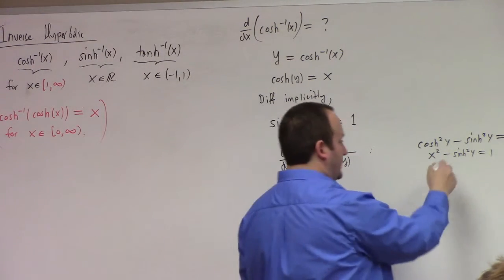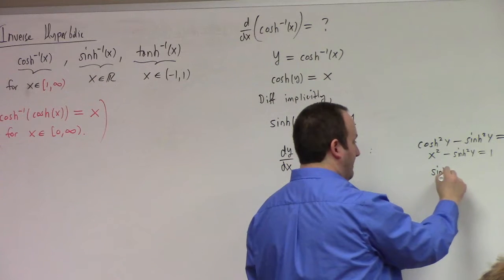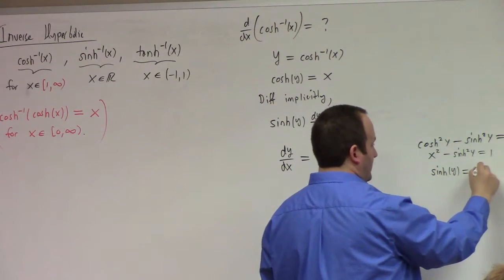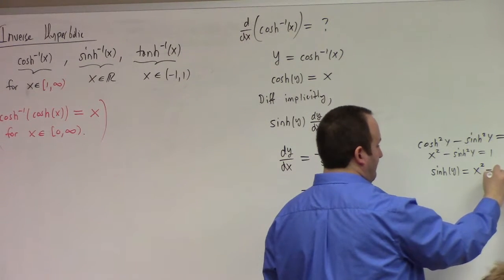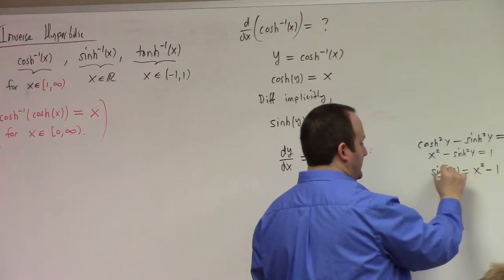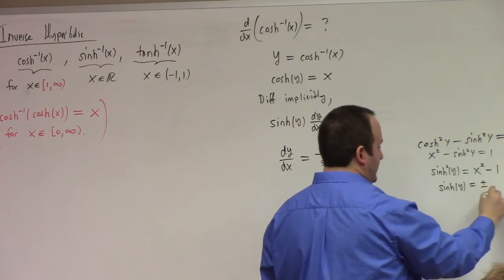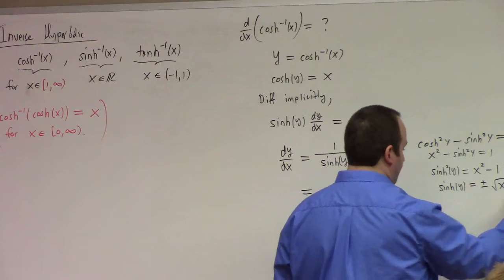Let's solve this for sinh. What do we get? Yeah, x squared minus 1. Well, that's sinh squared, and then sinh of y would be plus or minus the square root of x squared minus 1.